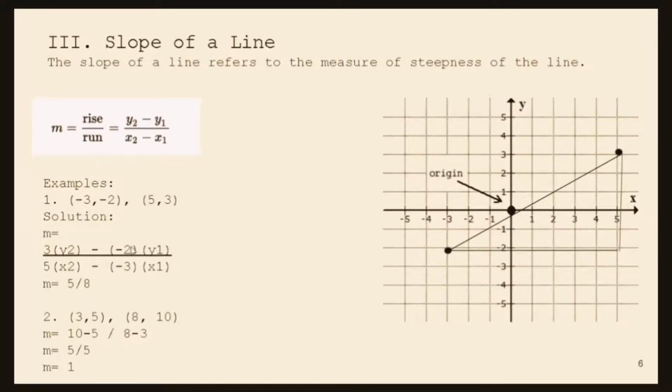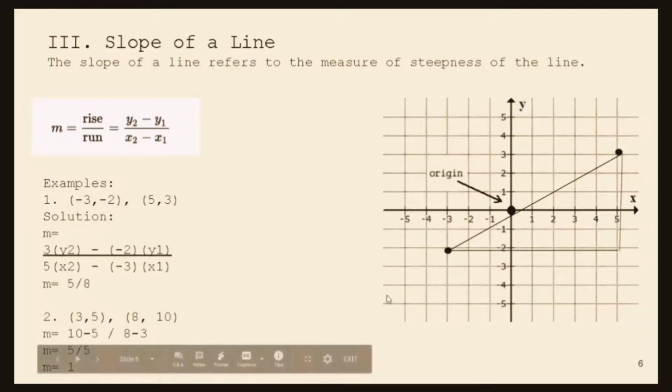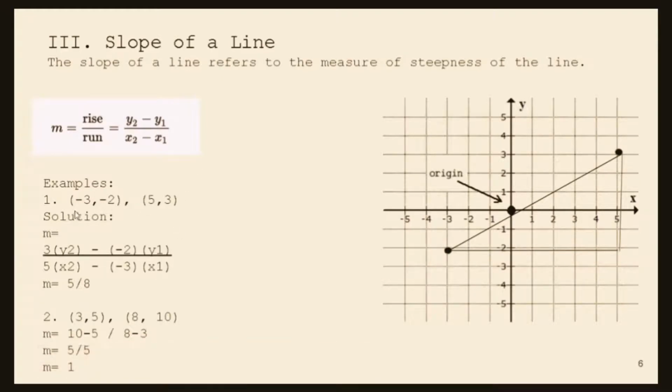mas madali yung gawin. Dito sa example na binigay ko, again, it was -3 and -2 yung unang point, tapos yung pangalawang point is 5 and 3. Itong abscissa, remember, it represents x. So, these two, yung -3 tapos yung 5, it represents x, right?